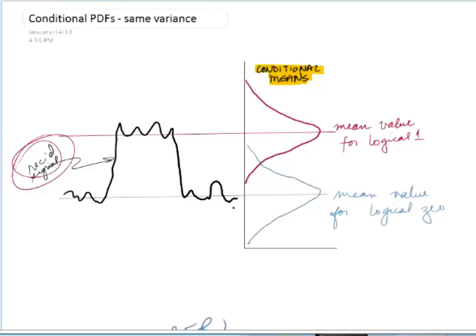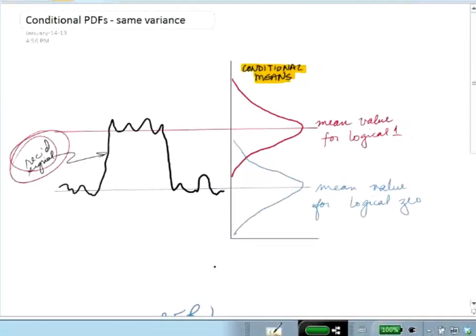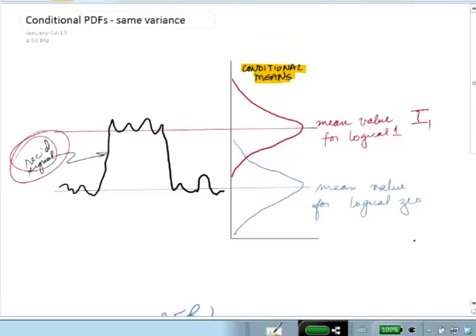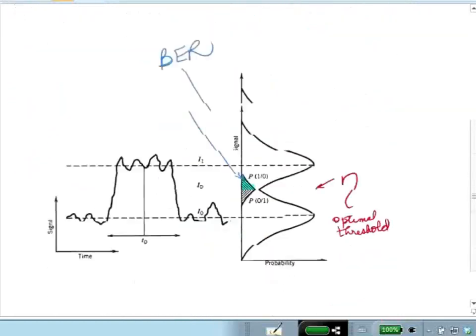And if we create a histogram, for instance, on a test and measurement device, or if we look at the theoretical conditional distributions, we would get the red and the blue distributions, which are Gaussian with shifted means. So the mean value for the logical 1 would be I1, and the mean for the logical 0 would be I0. These are the two different means that these distributions are centered on. Okay, so that's what maybe you've seen typically.